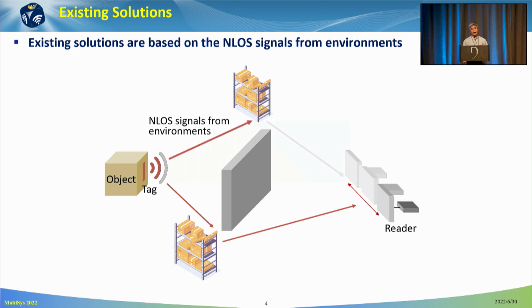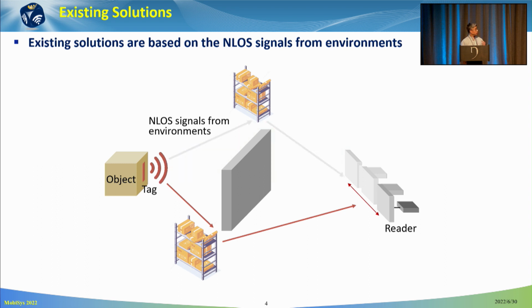Fortunately, we have a few solutions for non-line-of-sight object localization. For example, we can use RFID tag-based solutions. Those solutions are based on deploying tags around the object. The effectiveness of this kind of scheme depends on the richness of the multipath, non-line-of-sight environment.